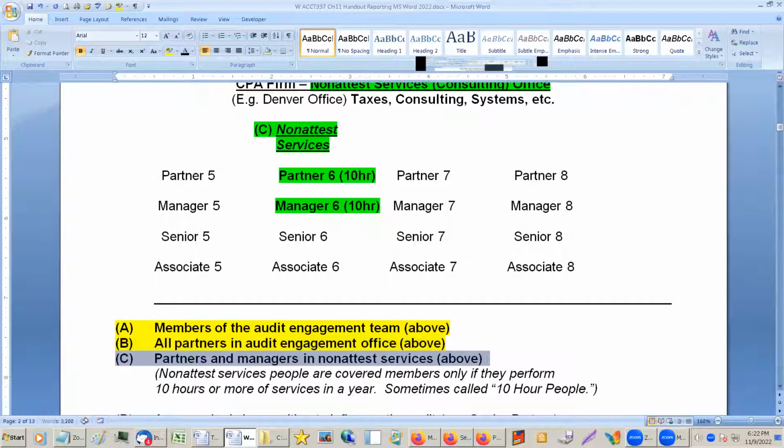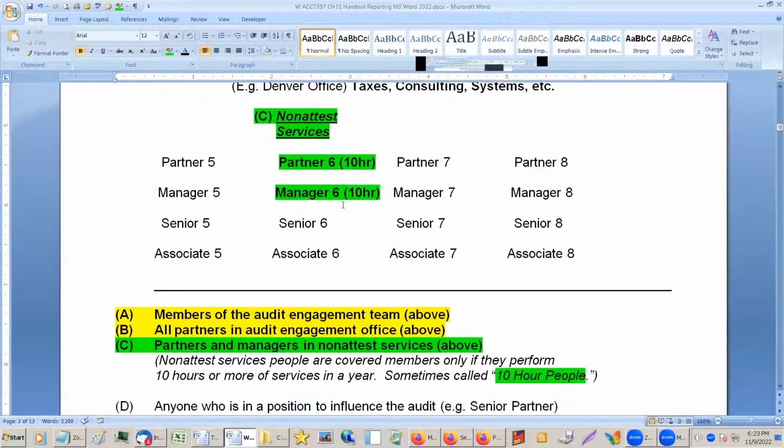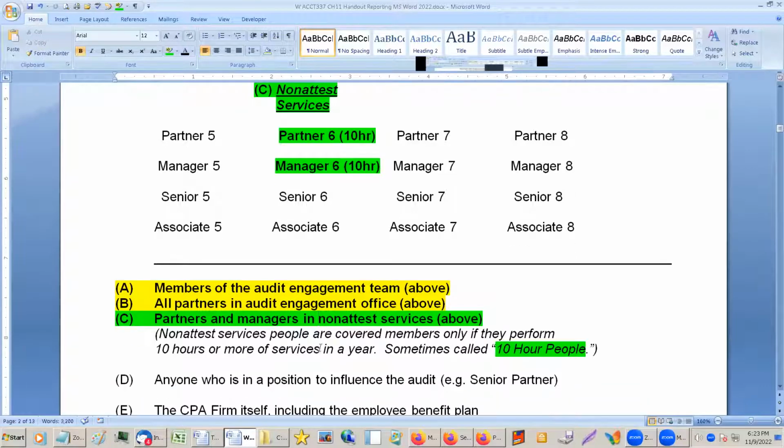And down here, these are often called 10-hour people, because they have to do at least 10 hours of work before they have to be independent. If they just call up about some tax issue and it takes an hour to do it, they don't have to be independent for that. But if they bill out for more than 10 hours in a year, then they also have to be independent.